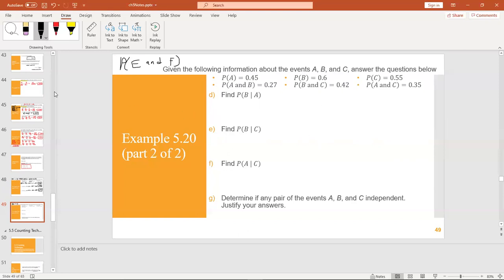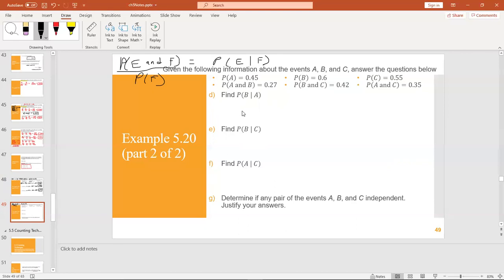So we'll say probability of E and F divided by probability of F. That is how you would find probability of E given F. The thing that's given is what you're dividing by.